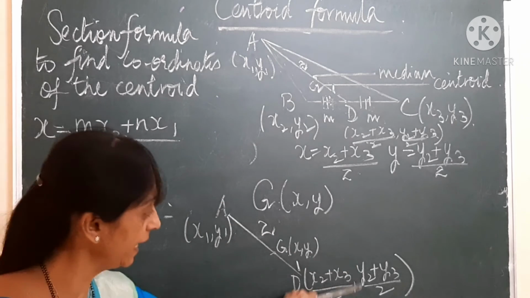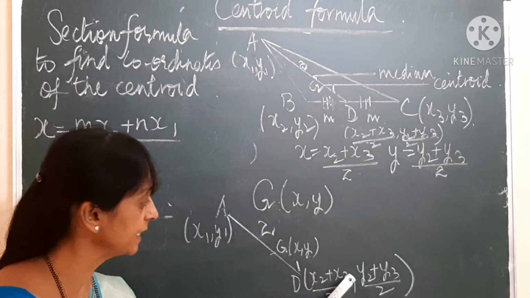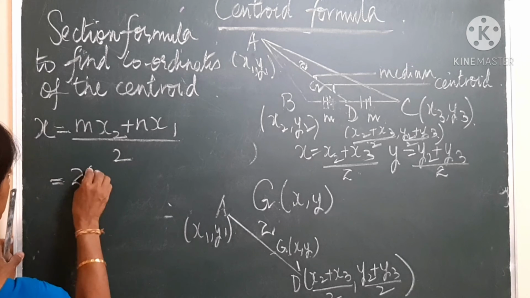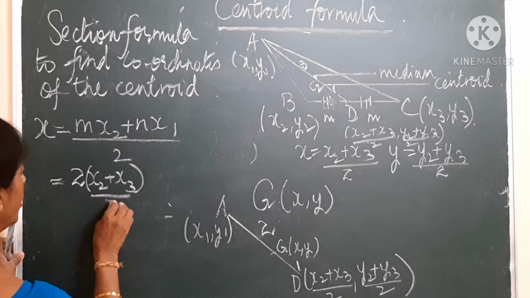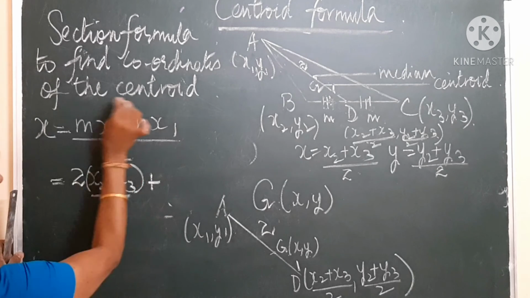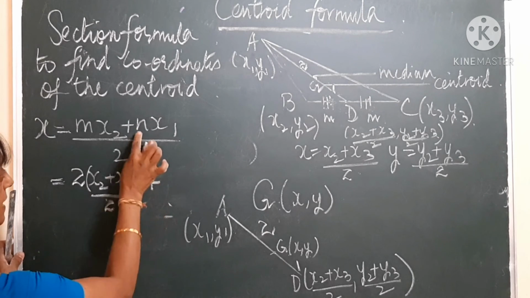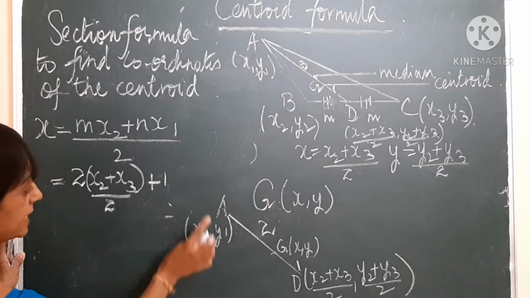So this will be x2, this will be y2. But what is x2 over here? (x2 plus x3) upon 2. Plus, we are just concentrating on the numerator, plus n. What is n? 1. What is x1?